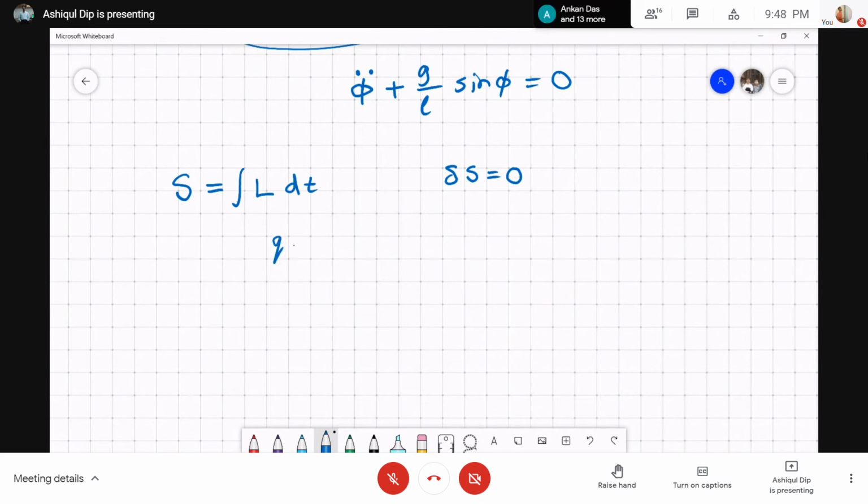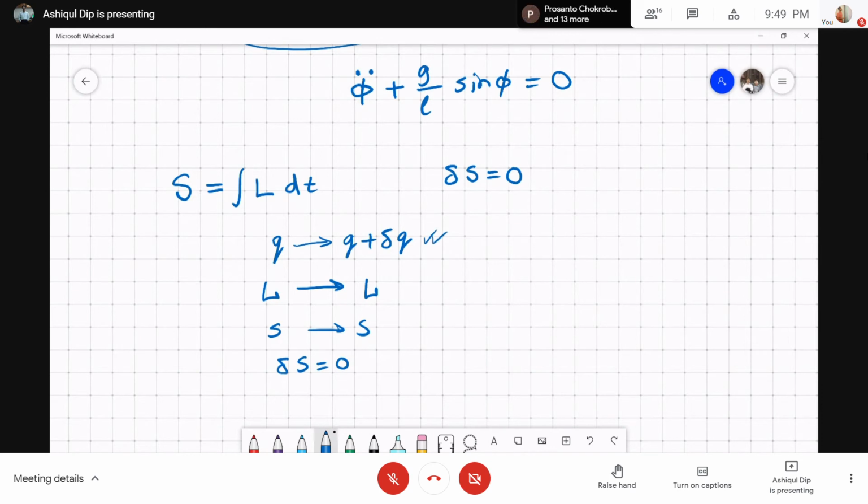When you change the coordinate system a little bit, and the L remains the same, then your action remains the same, and it's automatically satisfied. Our claim is that when your Lagrangian is unchanged under a coordinate transformation, there exists a conserved quantity. So there is some quantity that is unchanged over this coordinate transformation. That is our claim.